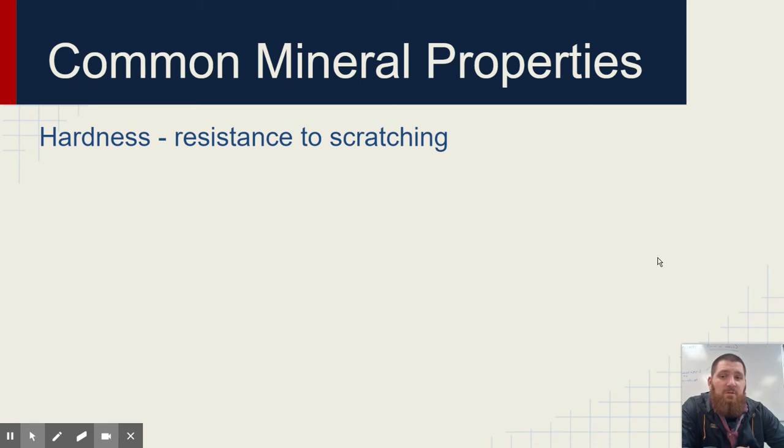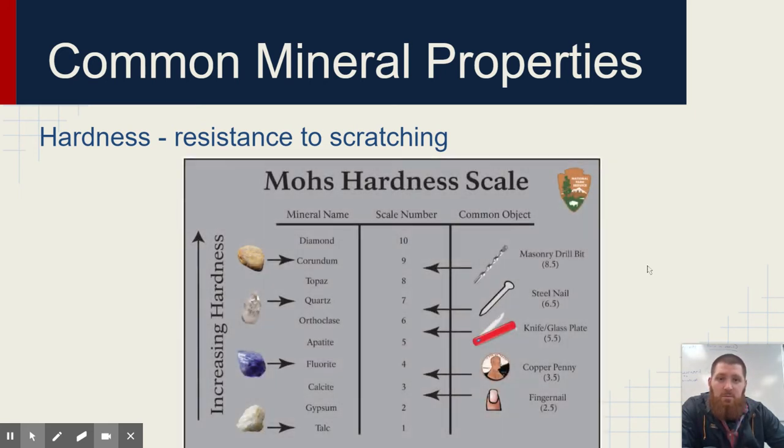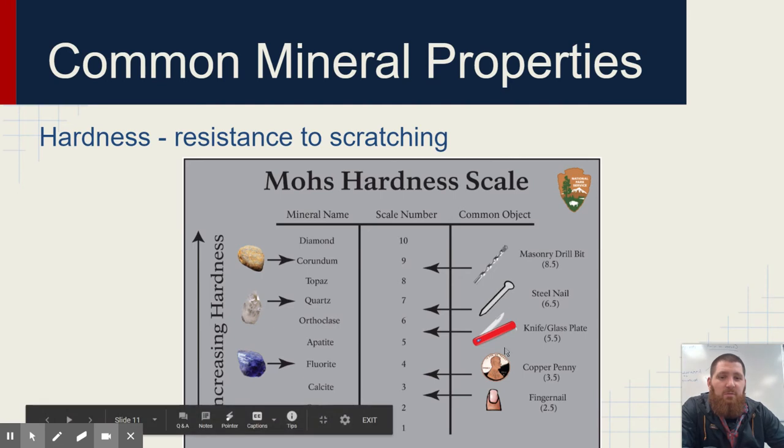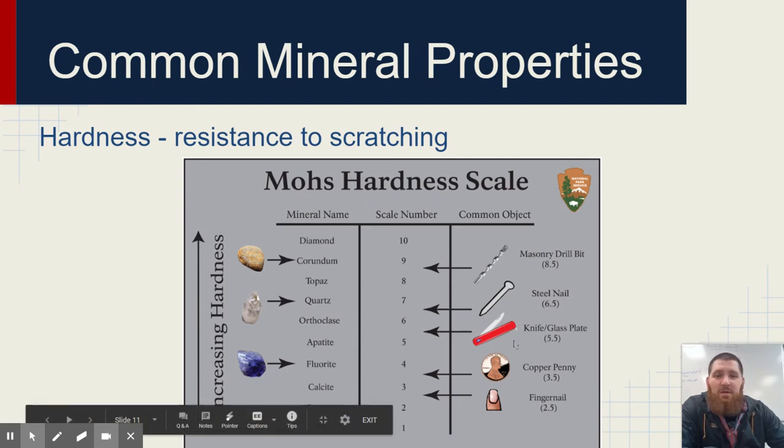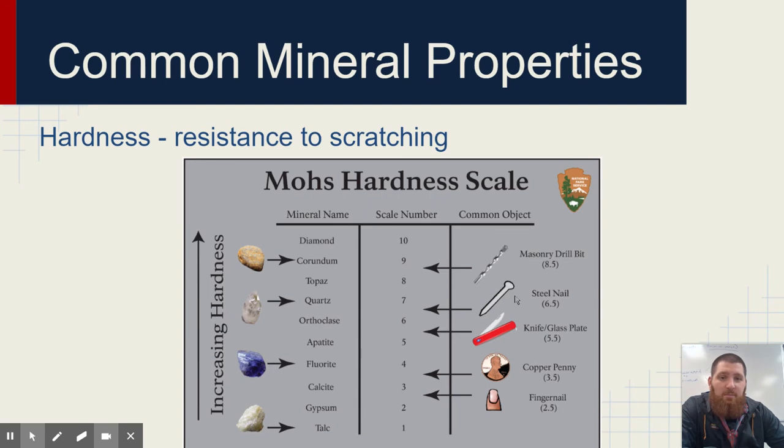There's hardness, which is the mineral's ability to resist scratching or denting. We use what's called the Mohs hardness scale to test this. Different types of items will be used to try to scratch the minerals, or the minerals will try to scratch those items. If those items can't scratch that mineral, then the mineral is harder than that item.